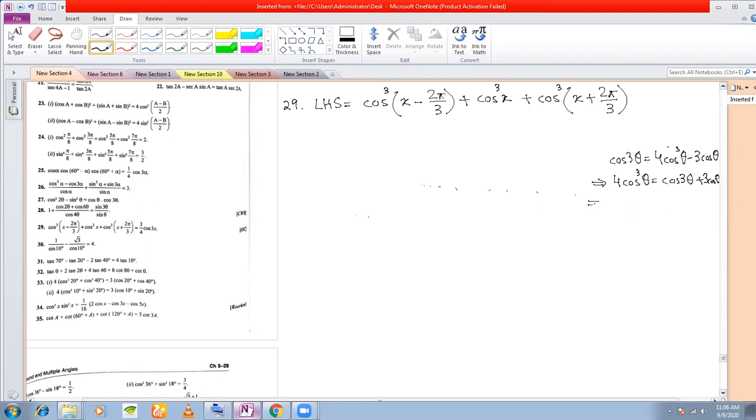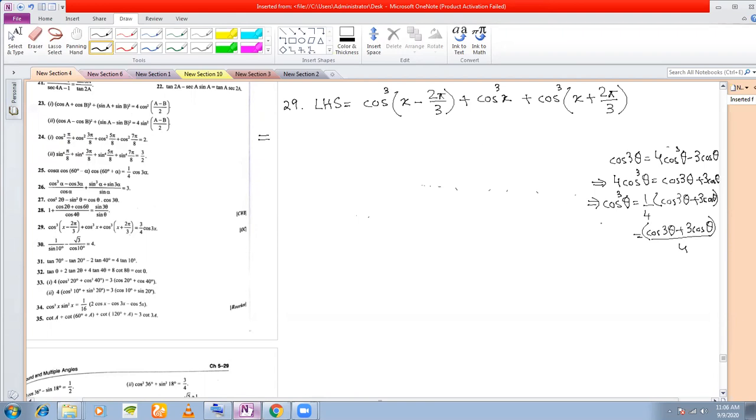So cos cube theta is 1/4 of cos 3 theta plus 3 cos theta, or cos 3 theta plus 3 cos theta divided by 4.